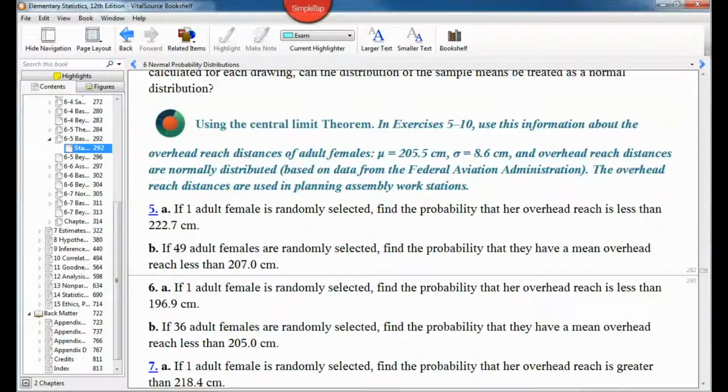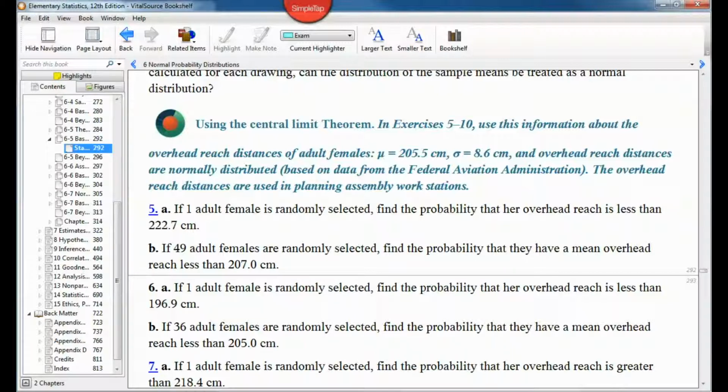Say that I wanted to know the probability that a group of 50 randomly selected adult men weighed over 200 pounds. So I could figure out a probability like that.